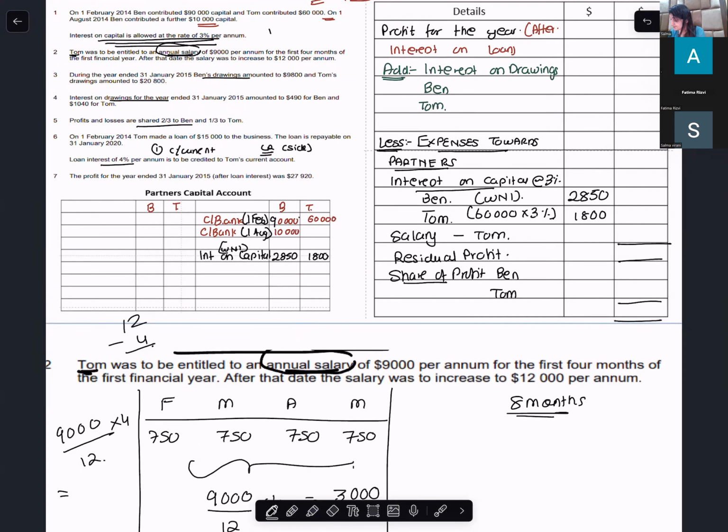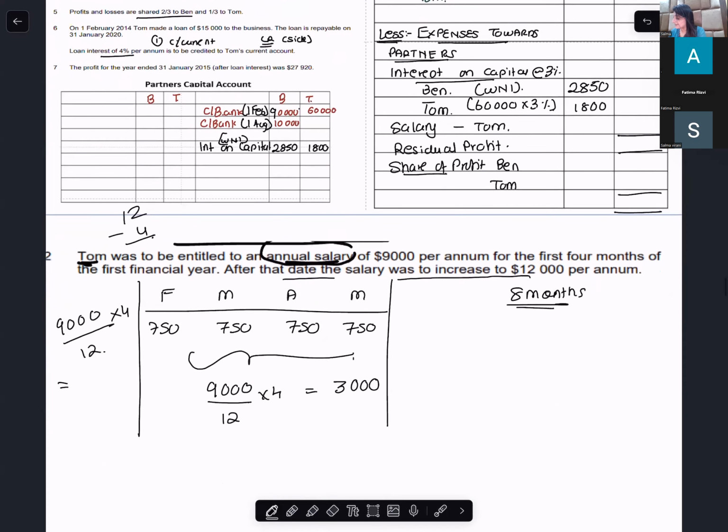After that date, salary was to increase to 12,000 per annum. So after that date, that means after Feb, March, April, May, salary is how much? 12,000 per annum.